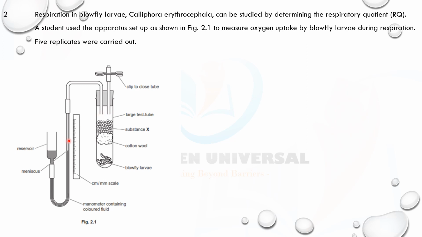Therefore, the pressure here will decrease. It will be less than the pressure outside. Therefore the atmospheric pressure pushes the colored liquid, causing the meniscus to move upward. It moves upward because oxygen is being used for respiration.